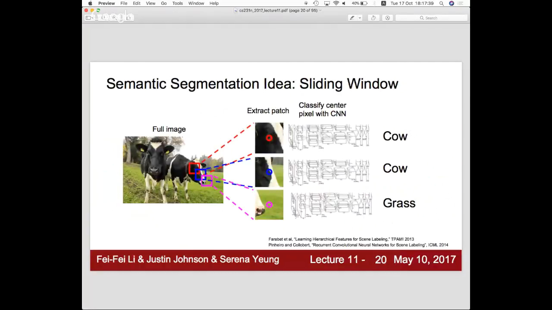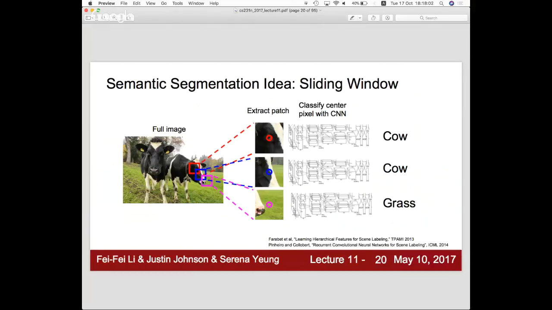To solve this problem, one very straightforward manner that may first come to mind is, right now we just have the CNN network, we can split the whole picture into small pieces, and for each piece we use the CNN network to say what this area is.